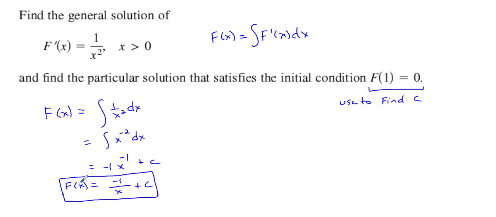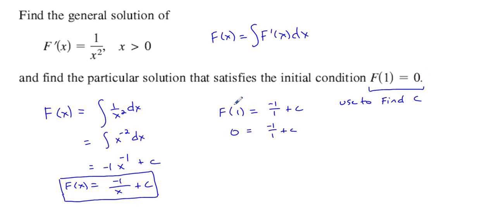All right, we know what our general solution is. Let's insert our initial condition. So we have F of 1 equals, what would that be? Negative 1 over 1 plus c. 0 equals negative 1 over 1 plus c, because F of 1 is 0, right?